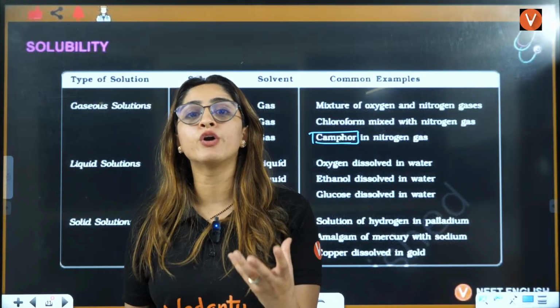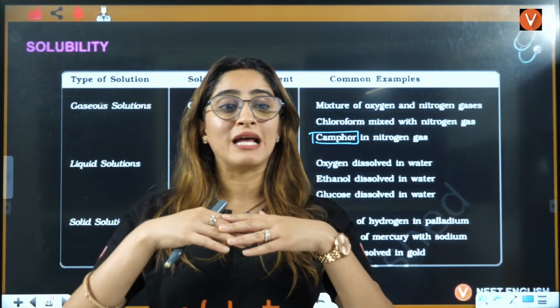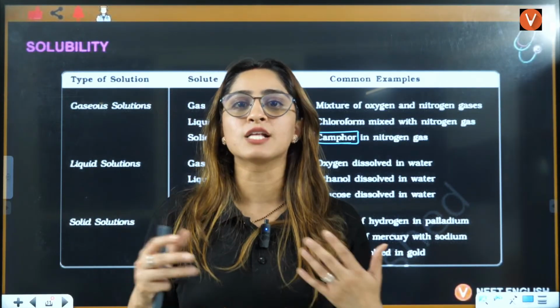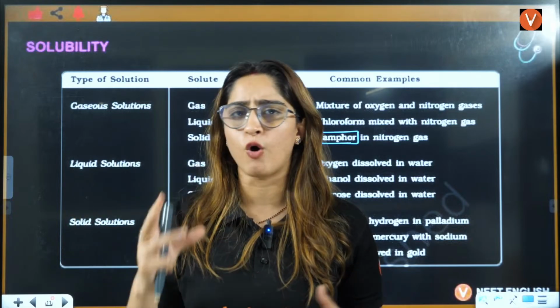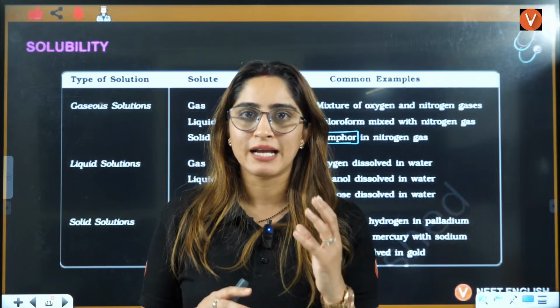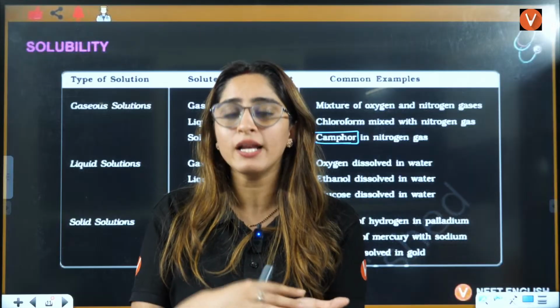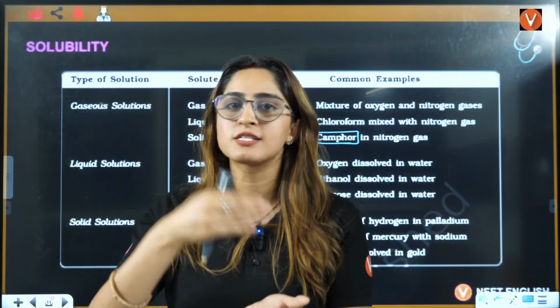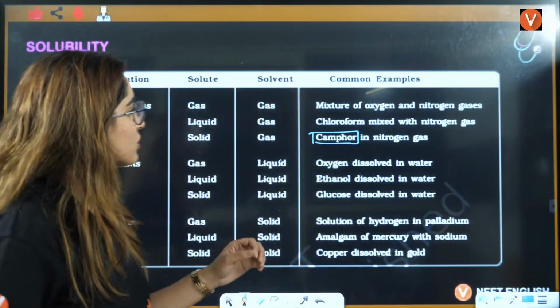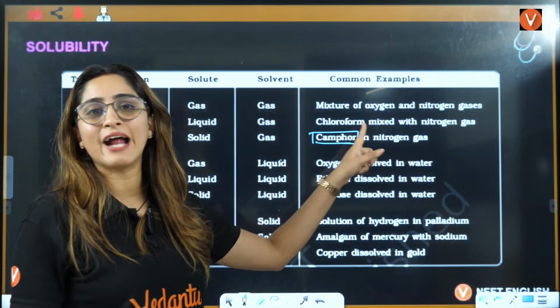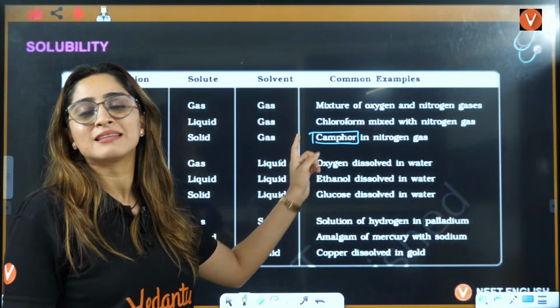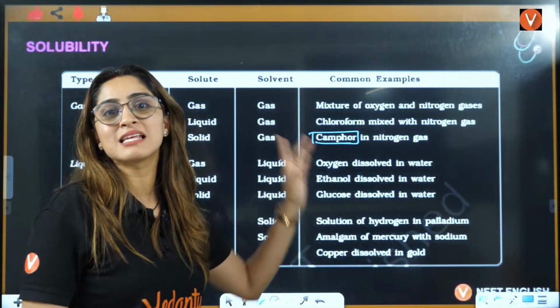Camphor has a very good aroma. It also kills insects outside. You will see camphor in temples. When you heat camphor, it is directly converted from solid to vapor, right? So when you mix camphor in nitrogen gas, that is called a solid in gas solution.